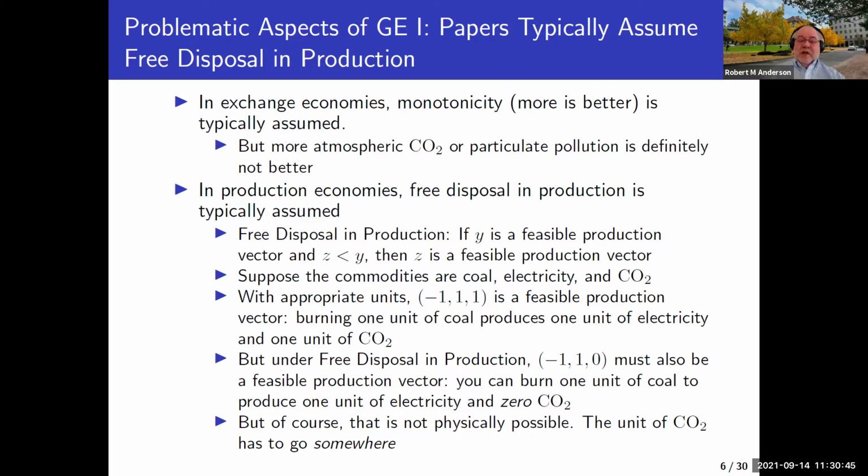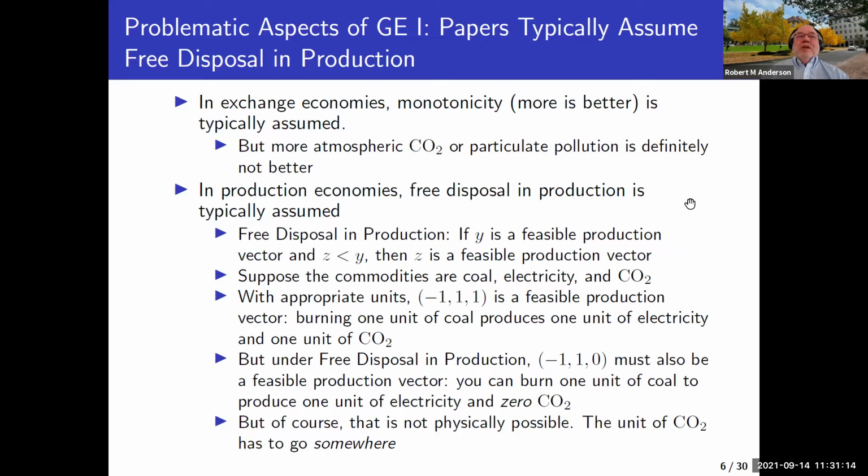Either it goes into the atmosphere or it's converted back into carbon and oxygen, although that takes a lot of energy to do, or it's sequestered, but something has to happen to it. It's not feasible to burn coal and not produce carbon dioxide. Okay, maybe you recapture it, but if so, that's got to be included explicitly in the modeling and accounting of the economy.